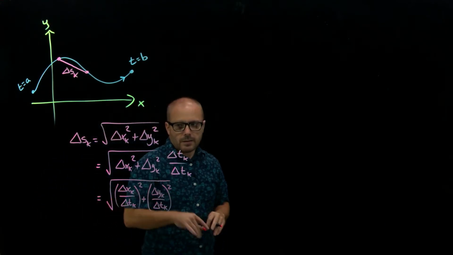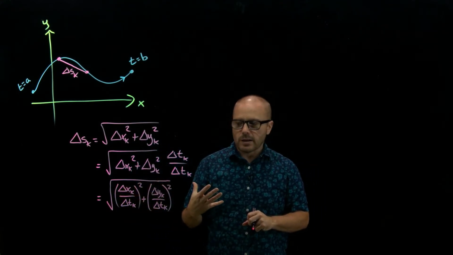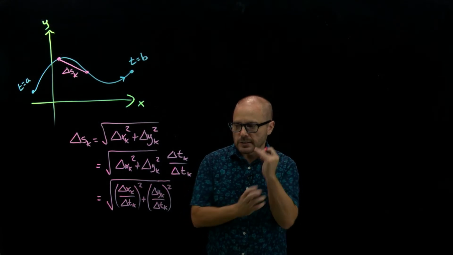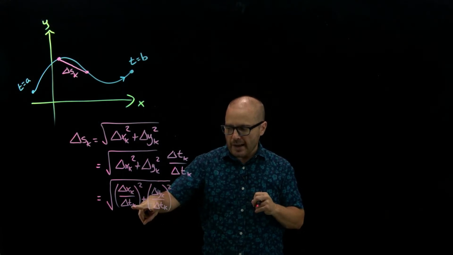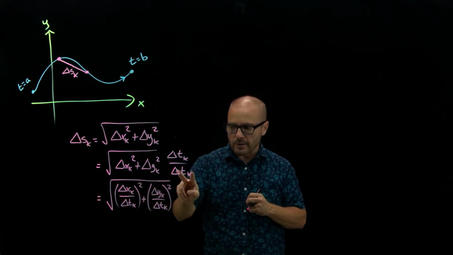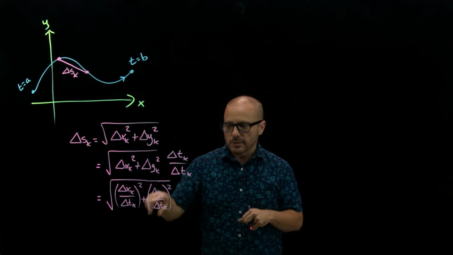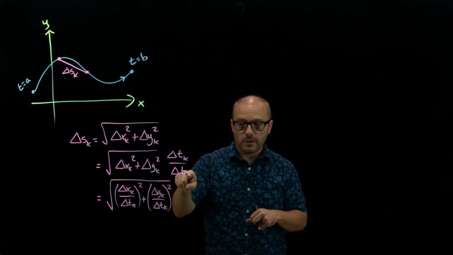Now, this statement and this statement are only equivalent if the change in t is positive, right? Because what I have essentially said was that if you pull this back out, the square root of delta t squared is delta t. Well, the square root of a square, as I've mentioned a couple of times, is really the absolute value, not just t.